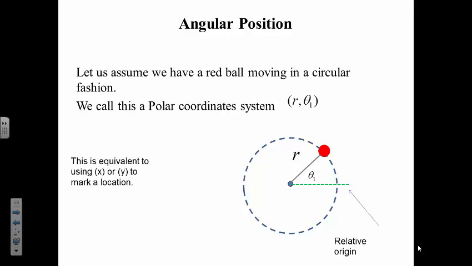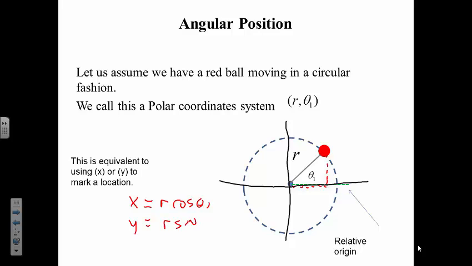And then there are conversions you can do using trig to get your X and Y. So if you're thinking about this in terms of trigonometry, your X position is R cosine theta 1, and your Y location is R sine theta 1.